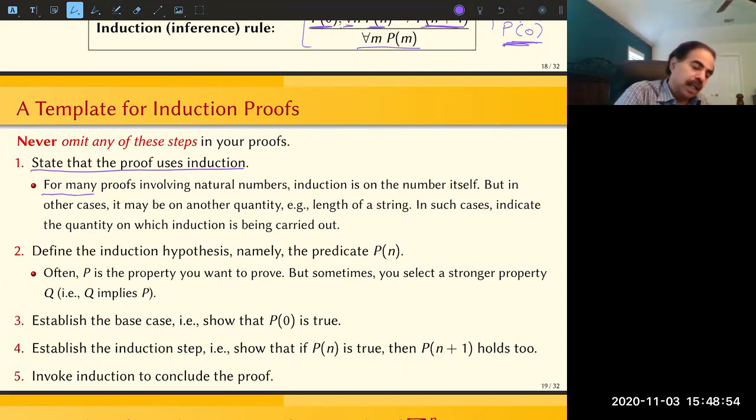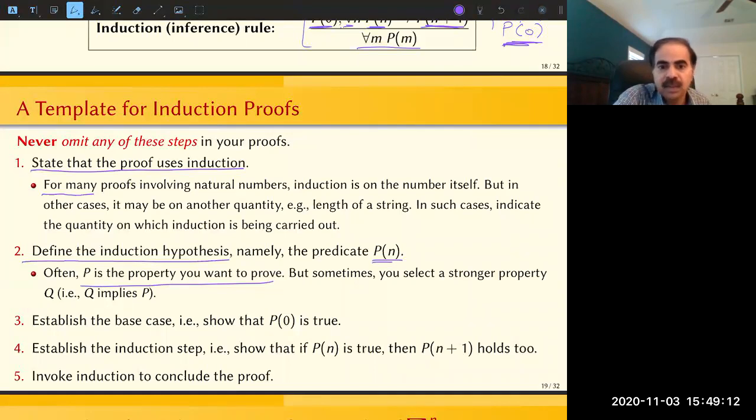So the second step is you define the induction hypothesis, which is this predicate P of n. P of n will typically be just the property that you are trying to prove.